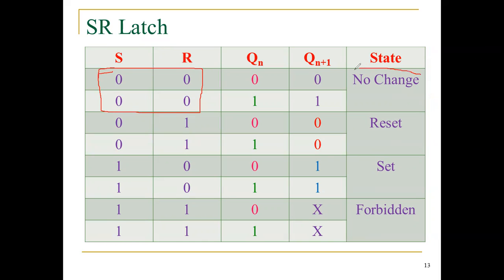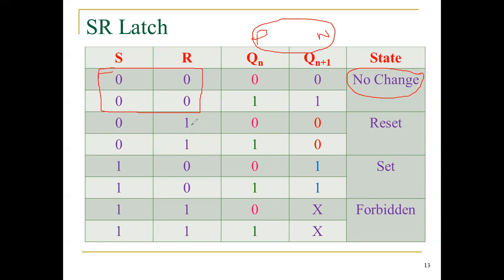There are no changes in the output. Whatever may be the assumption we made, Q equal to 0 means here also 0. Here 1 means here also 1. Okay, that's all. So the present state and the next state, like that you assumed. Otherwise, you please trace the operation.